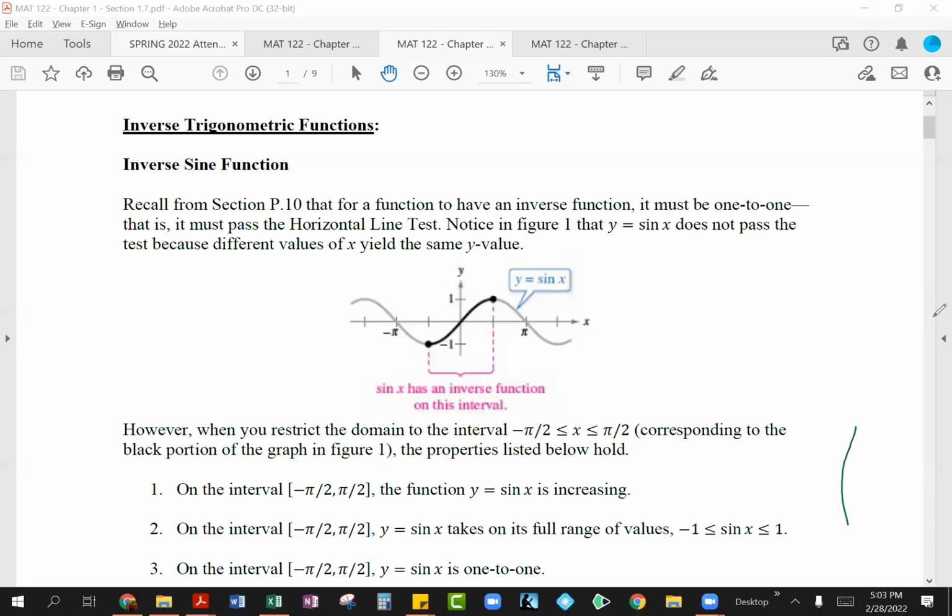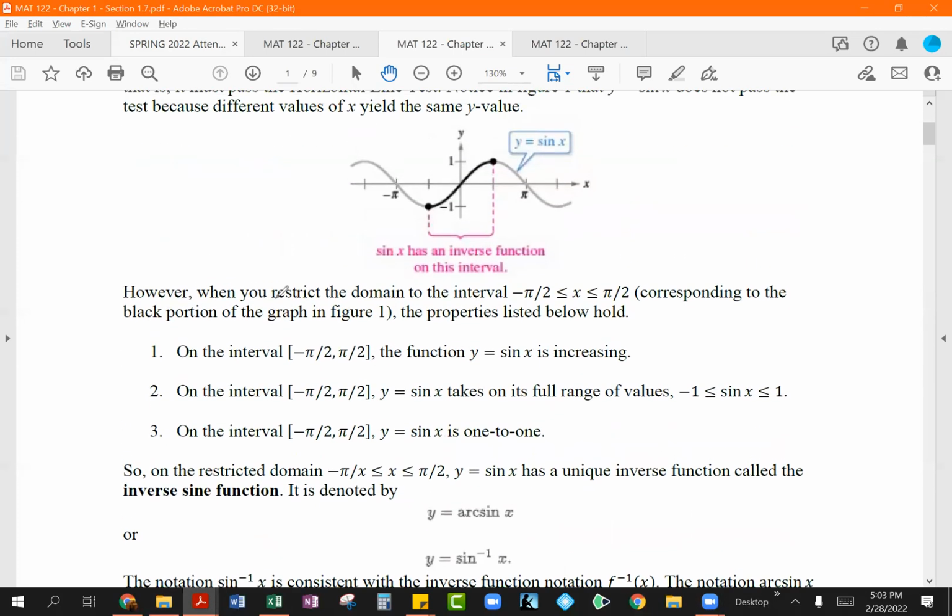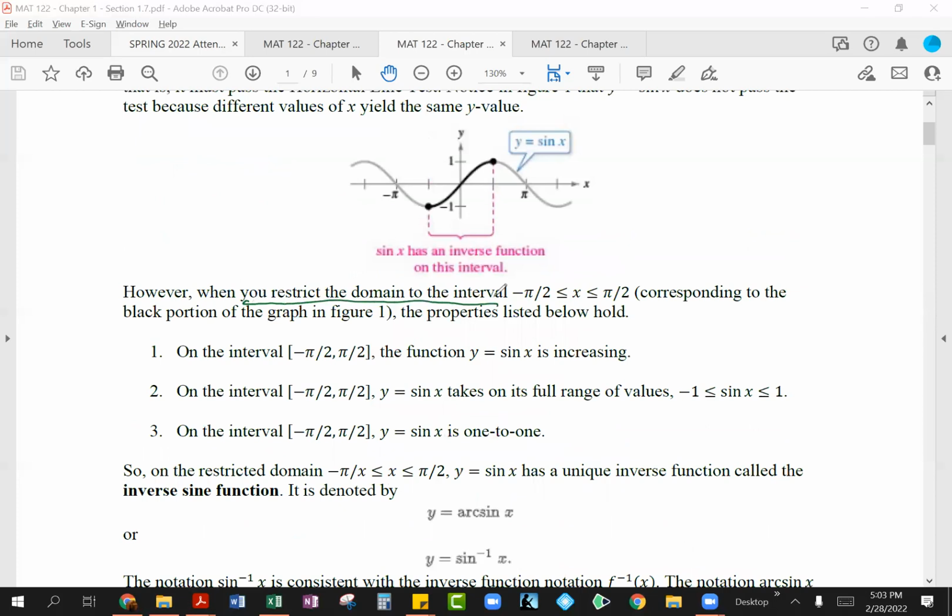So this is where we bring in this idea of restricting the domain. We will say, let's restrict the domain of the sine function and only go from negative pi halves to positive pi halves, which is that area in black that you are seeing, because this is your negative pi halves, this is your positive pi halves.